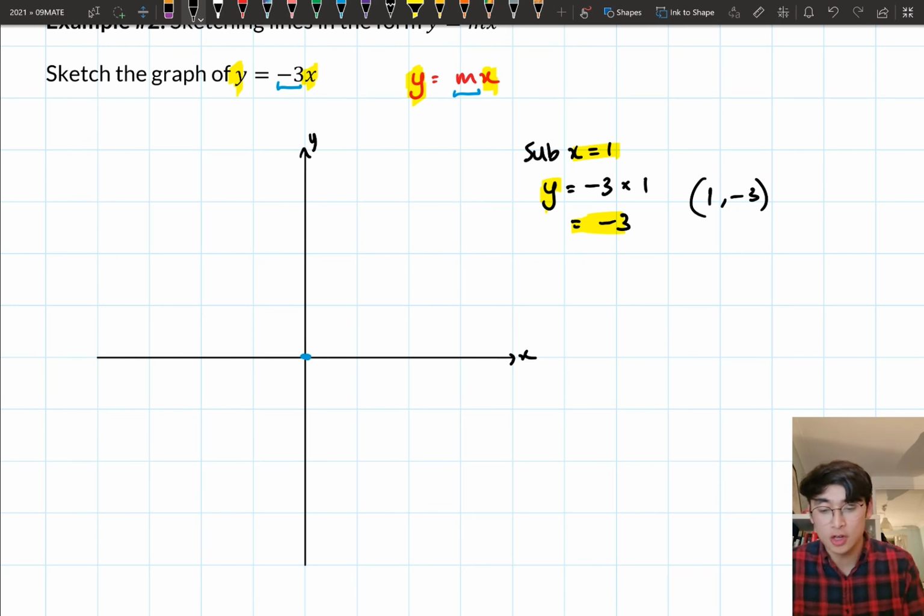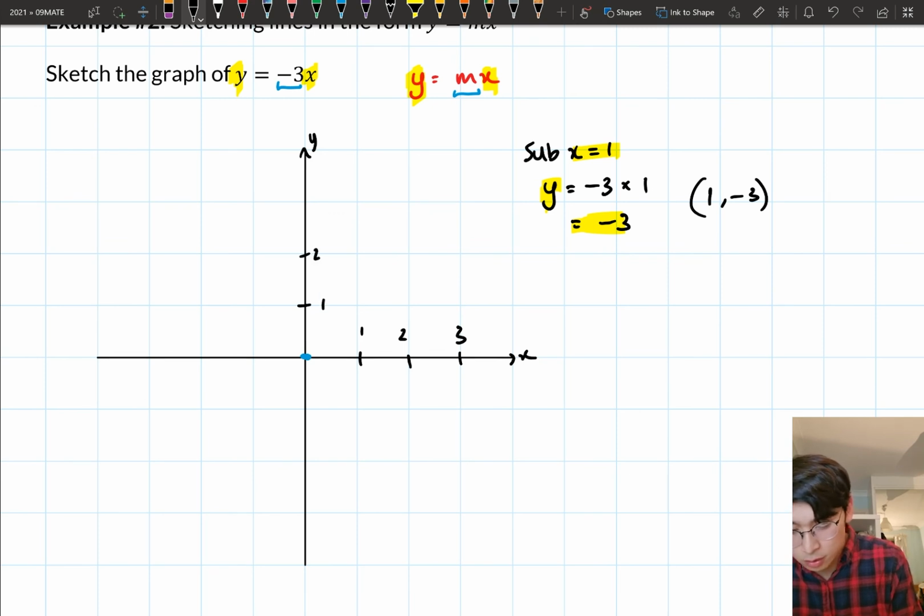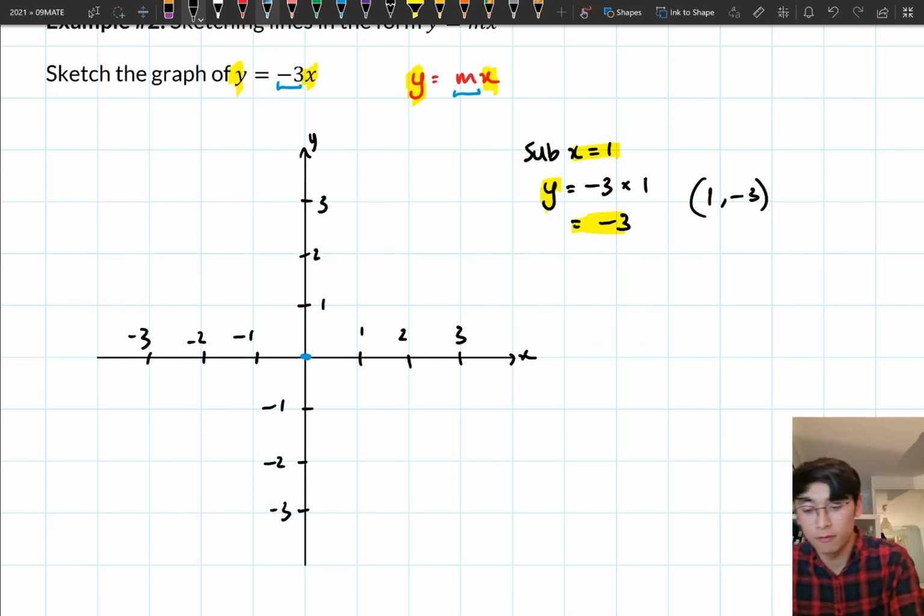So I'm going to go onto my Cartesian plane. I'm going to put in a few lines here. 1, 2, 3, 1, 2, 3, negative 1, negative 2, negative 3, and we've got negative 1, negative 2, and negative 3. I'm just going to plot in my second point of 1, negative 3. So 1, negative 3 is down here, and now I've got 2 points.